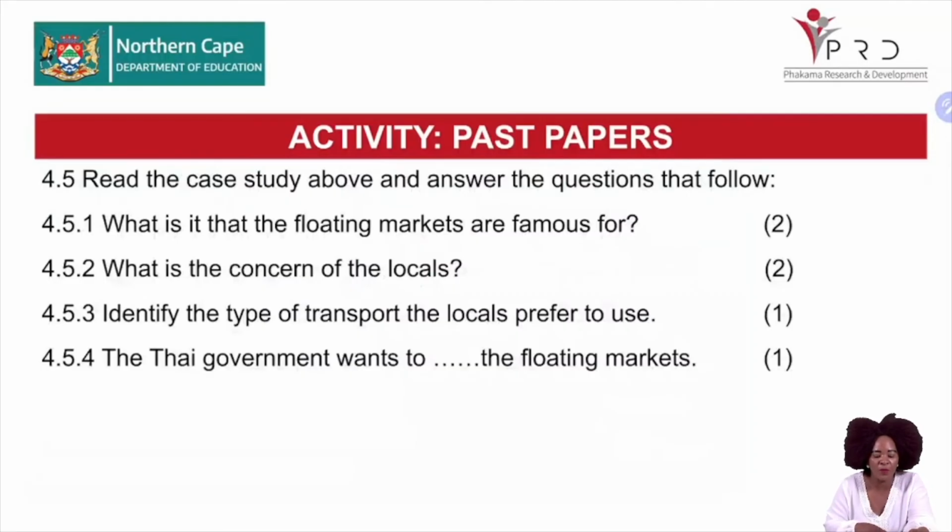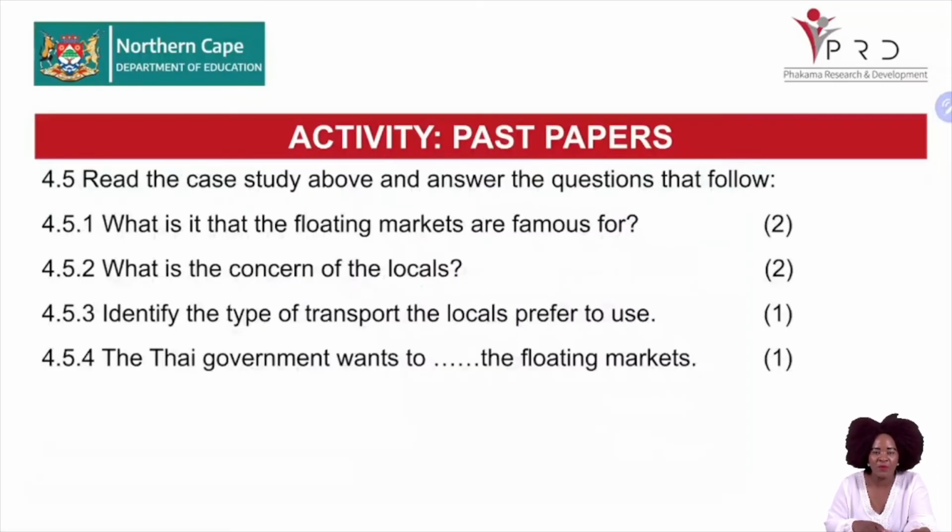So question 4.5.1 says, what is it that the floating markets are famous for? Write down the question. The second question, what is the concern of the locals? What is it that the local people are concerned about?